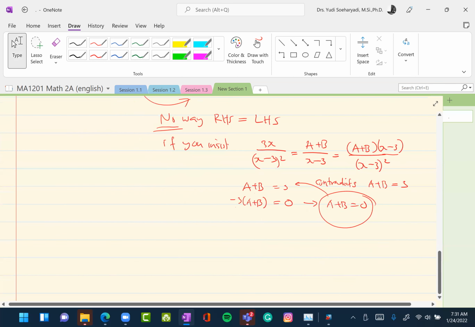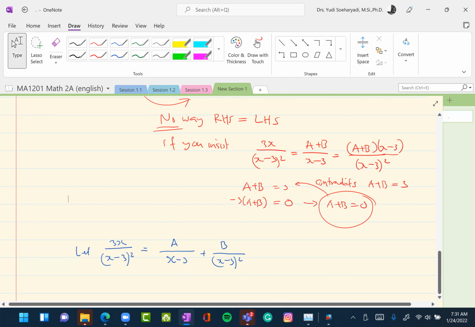In fact, the correct way to do this one is this one, and it should look like this.